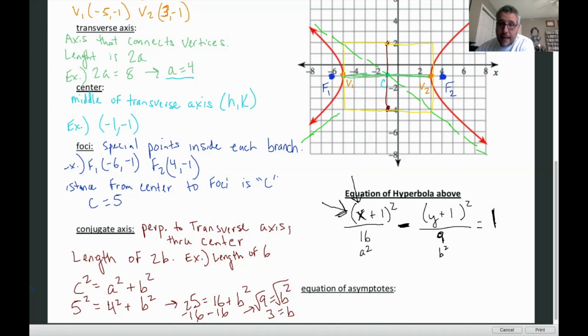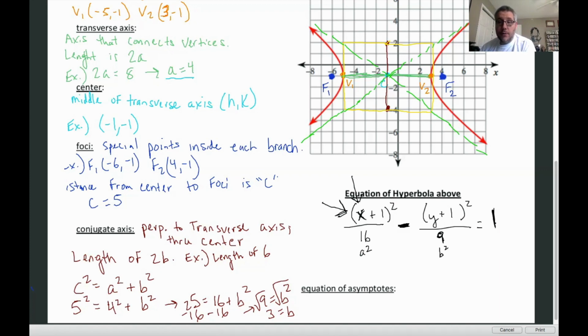It's an imaginary line through the corner of this rectangle, through the center, out through the other corner. Notice that that is like a fence, and it helps to hold in the curve or give the hyperbolic branches their shape.